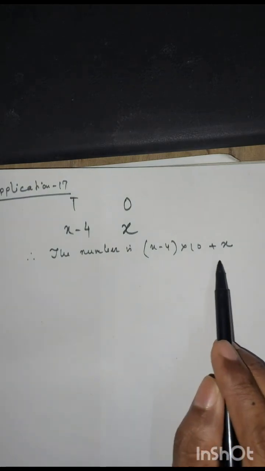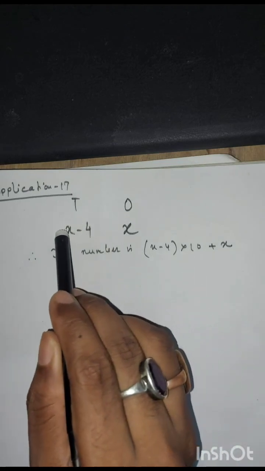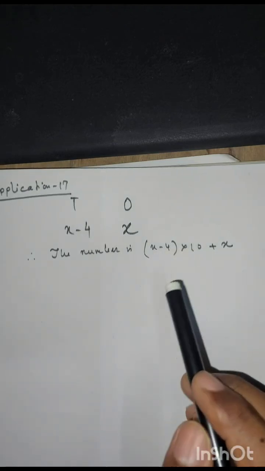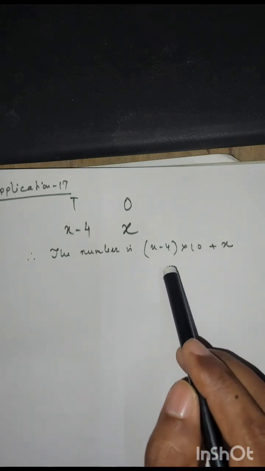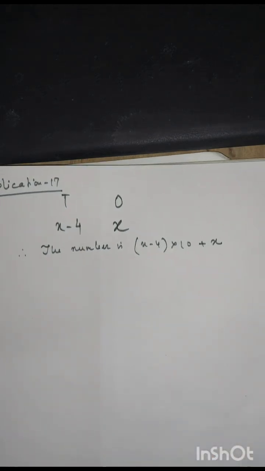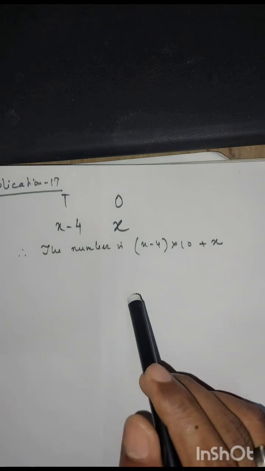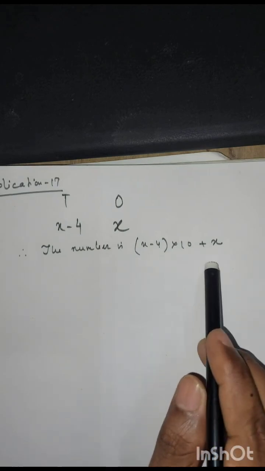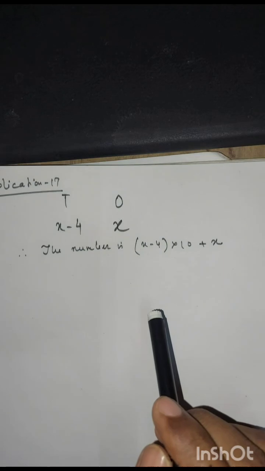So this is the value of the number. This is how the number looks, and this is the value of that number. So when we talk about that number, we should consider this value. This is the number actually.